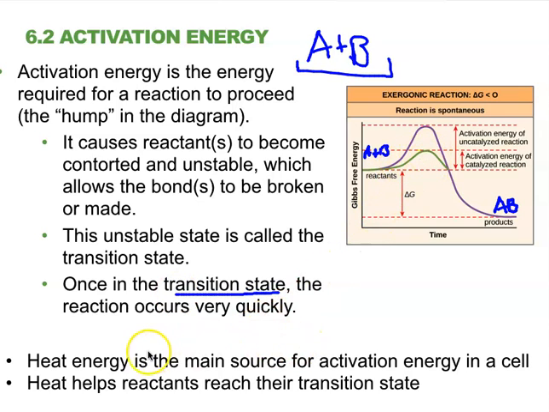Okay, and what happens is the heat energy is the main source of activation energy inside of a cell. So that means that depending upon what type of reaction we are doing, it's going to require, if you think about this for just 1 minute, how does your body have a temperature?